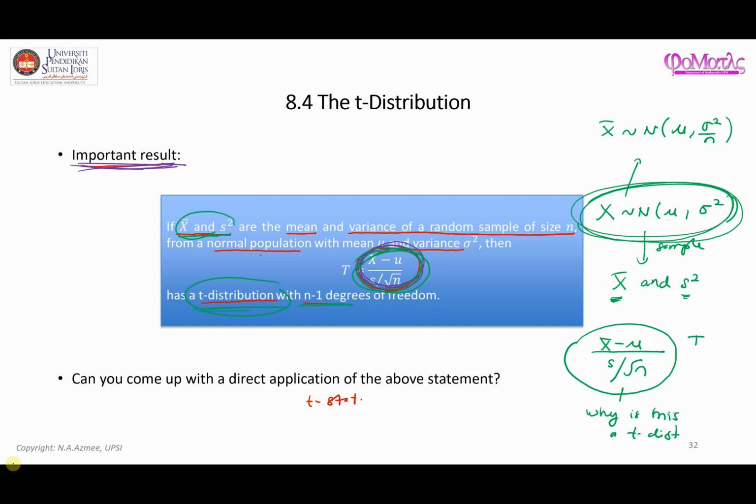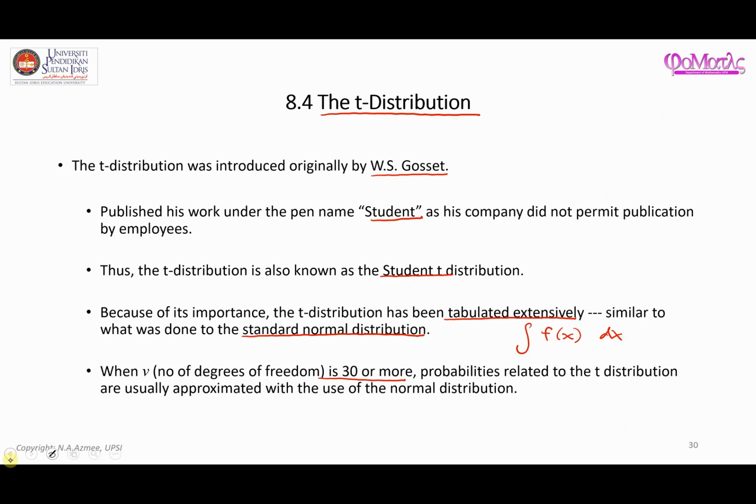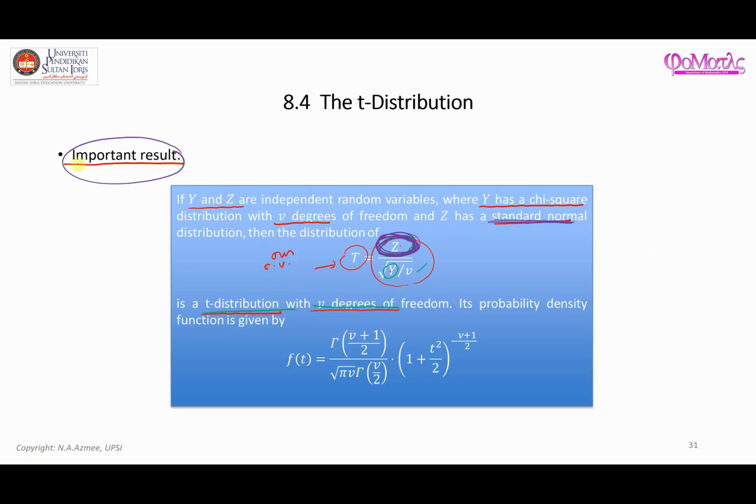Just to reiterate, let us start from the beginning. This is the idea of the t-distribution. The original theorem says that if you have two random variables, y and z, where y has a chi-square distribution and z has a standard normal distribution, then the combination of those two in this setting gives a new random variable that has a t-distribution.